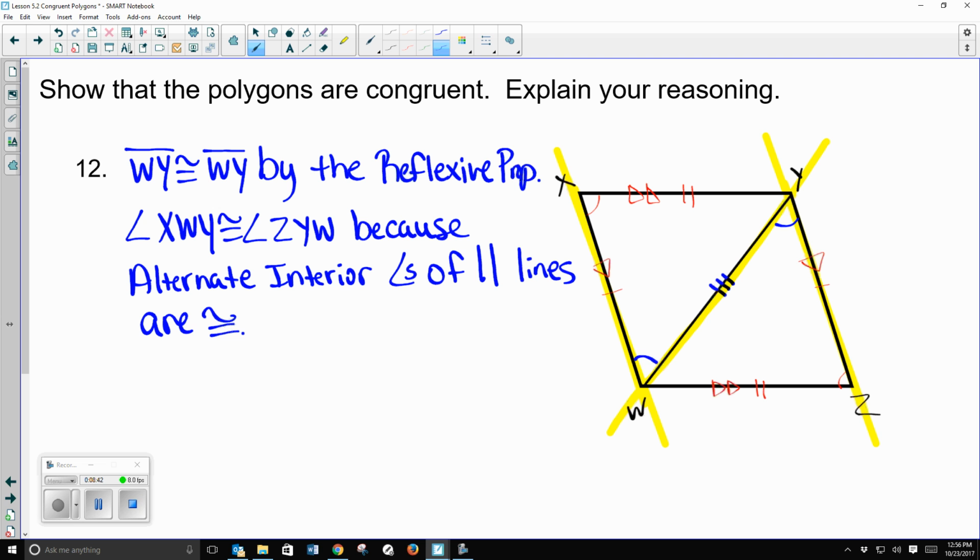We have one more pair left. We have to show that these 2 are congruent to each other.